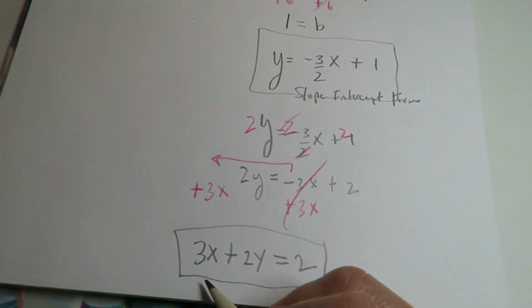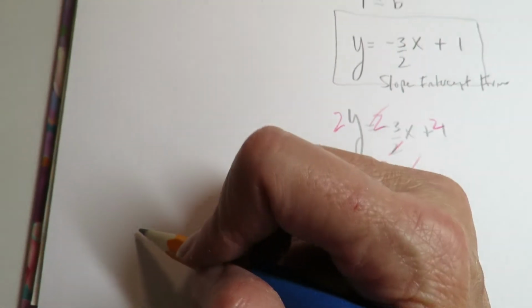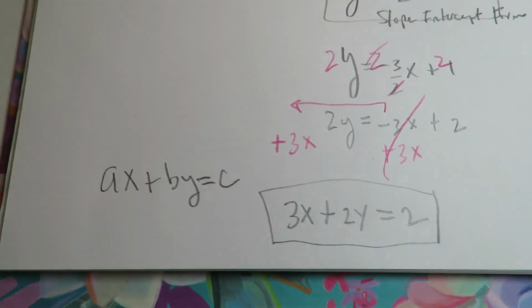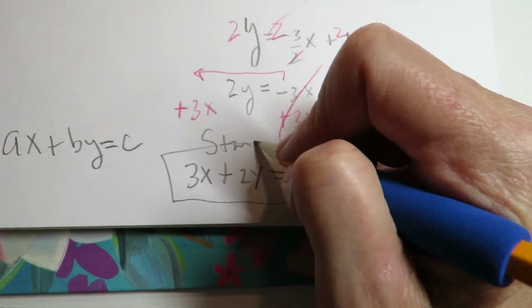When you have the x and the y on the left, you have it in the form of ax plus by equals c. That is considered standard form, which we have now. This is standard form.